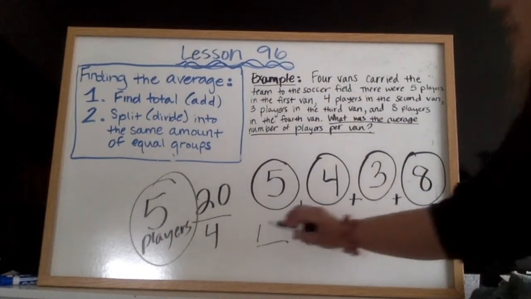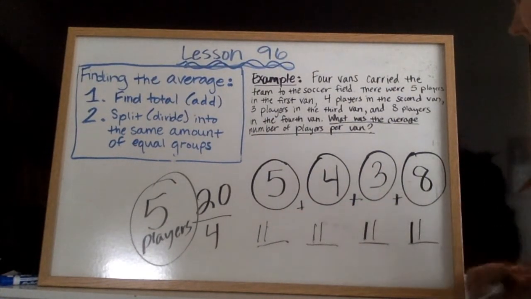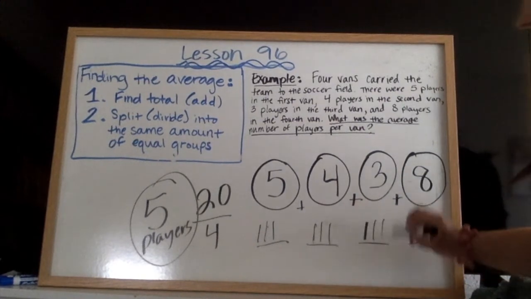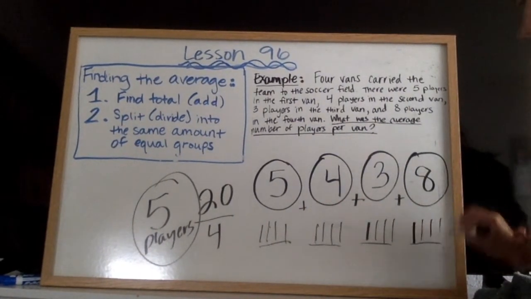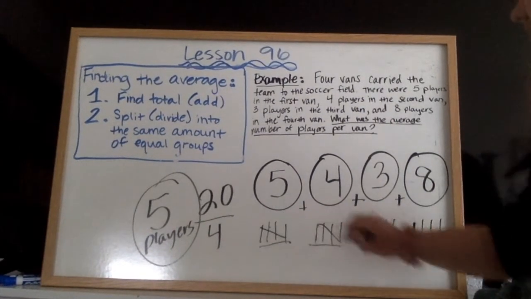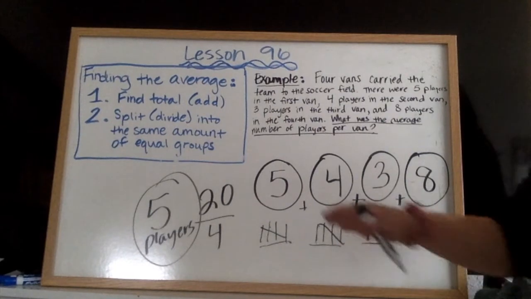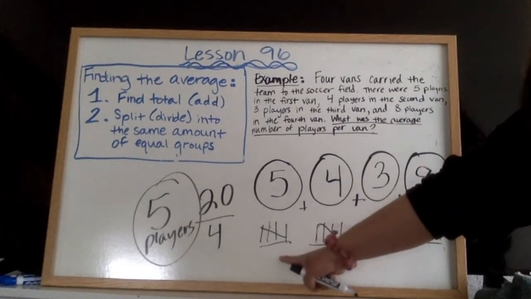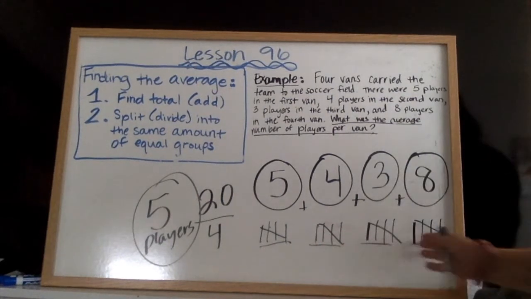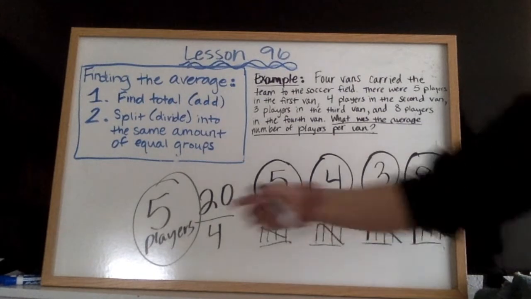So I'm going to continue counting. 5, 6, 7, 8, 9, 10, 11, 12, 13, 14, 15, 16, 17, 18, 19, 20. And we do figure out if we go filling the vans one by one, we do still get that each van will have 5 people. So our average van will have 5 players.